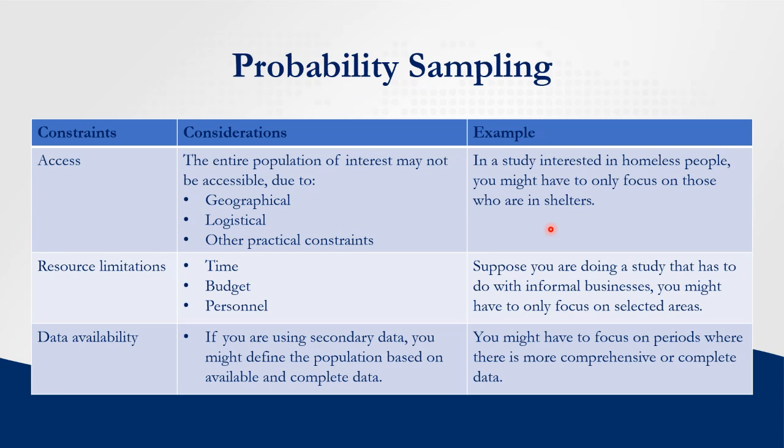So here I'm talking about when sometimes you have to revise your initial definitions and your targets because of certain constraints. Here, maybe you want homeless people, but when you've collected data from this one, how are you going to know that you haven't collected from the next one?